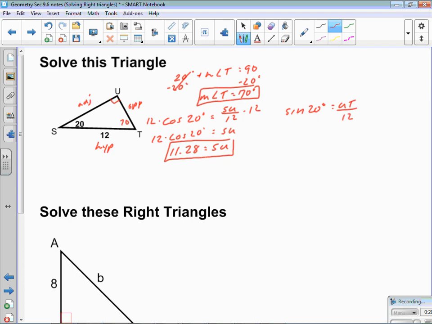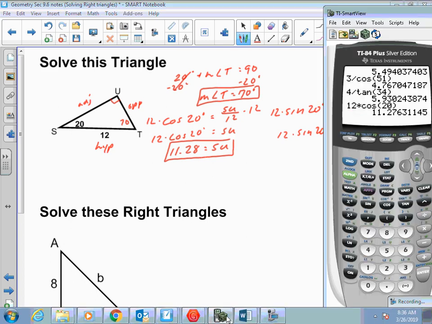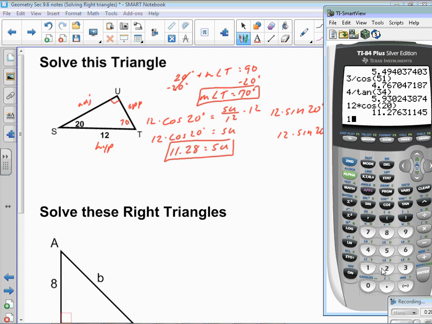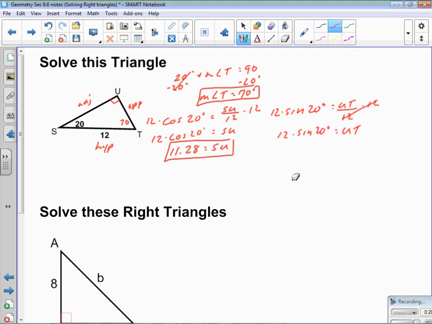Multiply by 12 on both sides. 12 times the sine of 20 gives us our answer there. So 4.10.